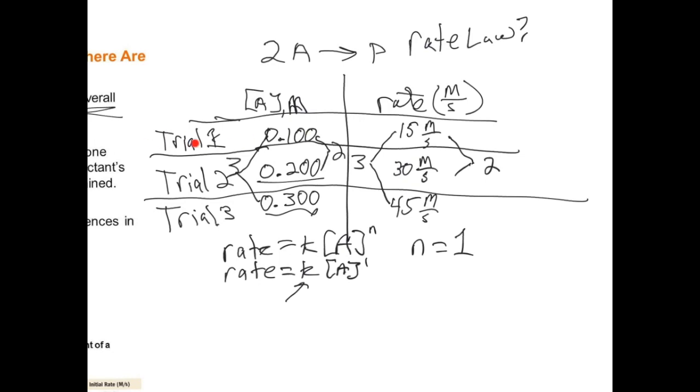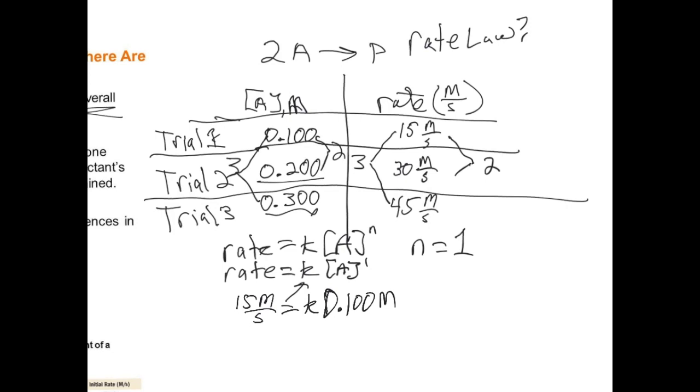So I'll try trial 1. I'll plug in my rate, 15 molar per second, is equal to k times my value of 0.100 molar.